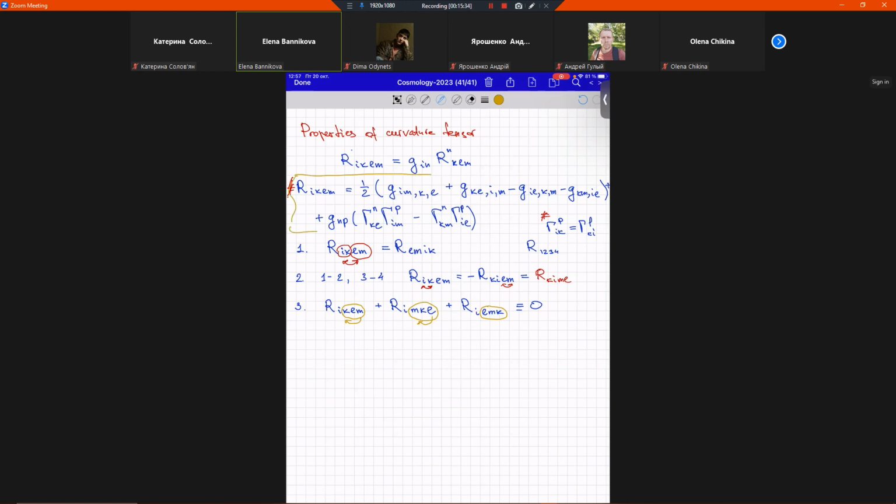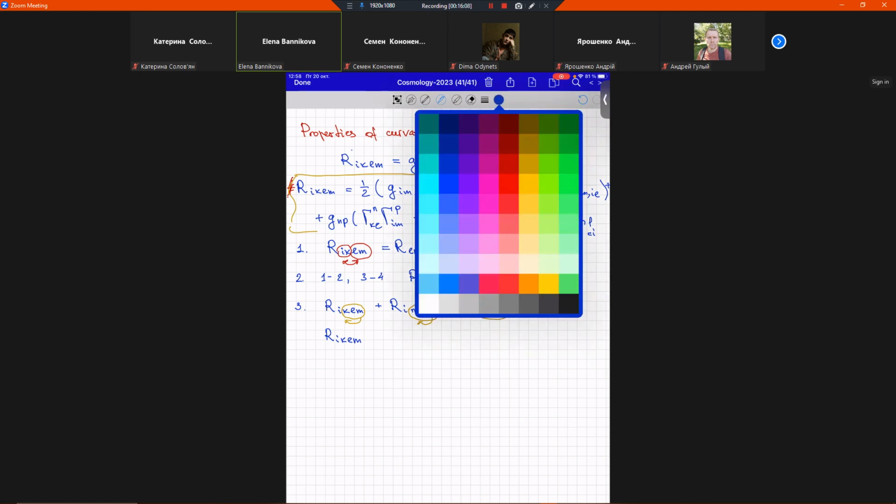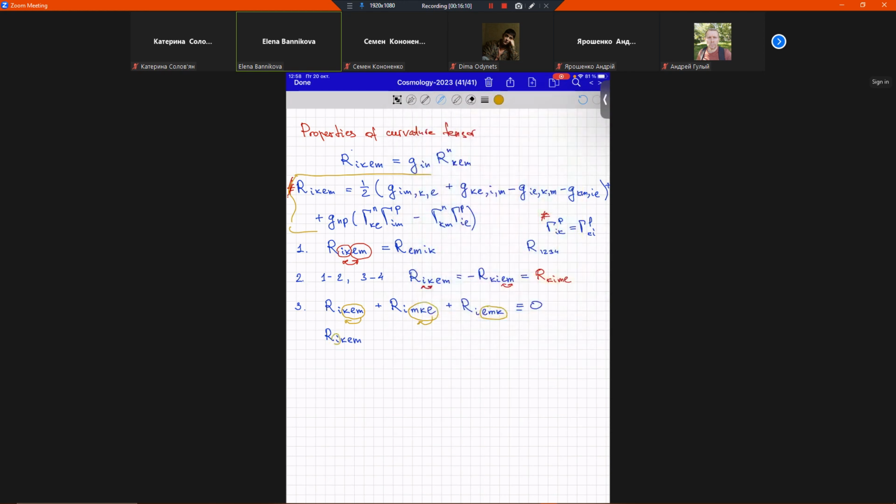Okay, and that works for any three indexes. For example, you can prove it; I can also write it a different way. Let's consider again R_iklm. And after this, I want to choose the three indexes i, l, m.